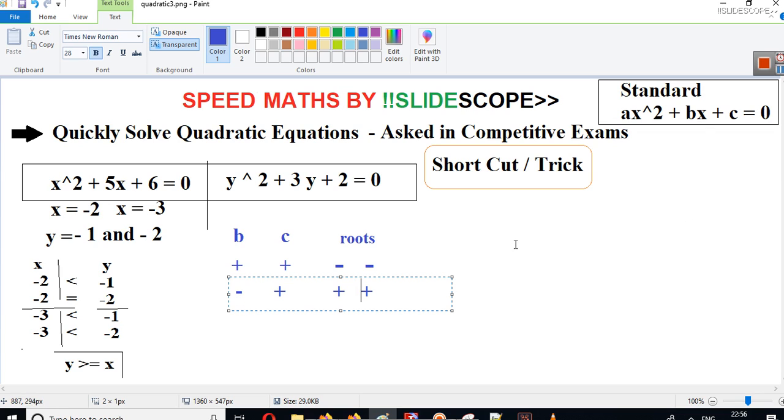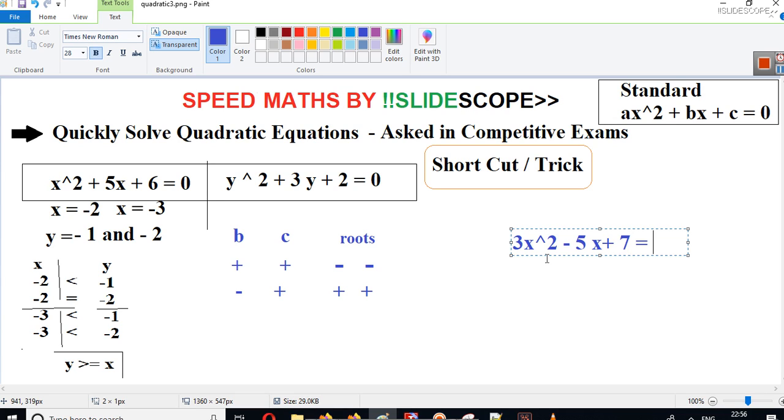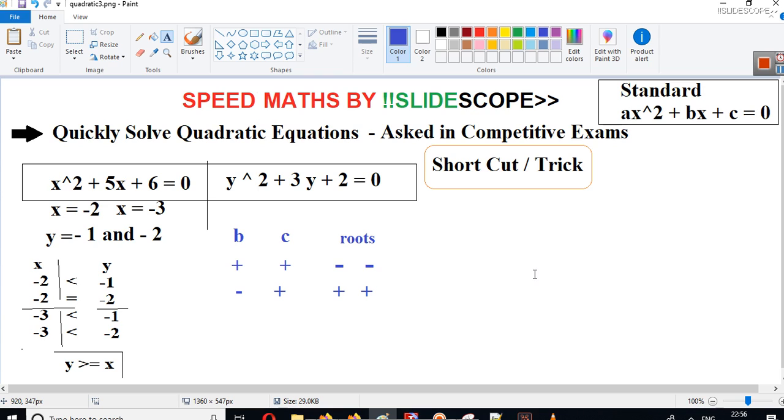So the equation can be something like 3x square minus 5x plus 7 is equal to 0. So in such an equation the two roots will be positive. We will see those examples also. So this is our second condition. You have to remember this.